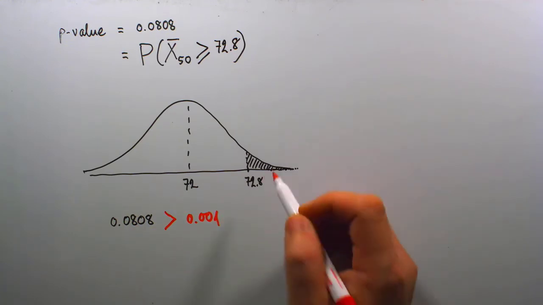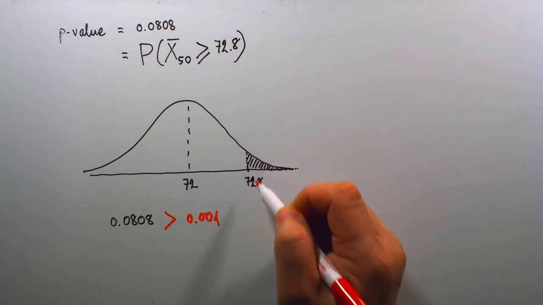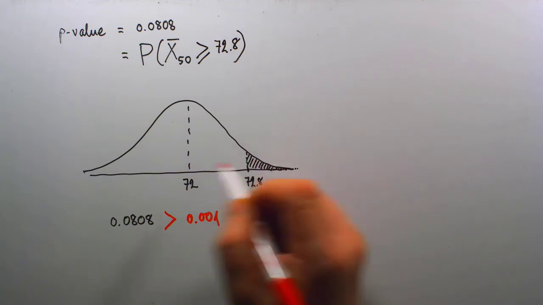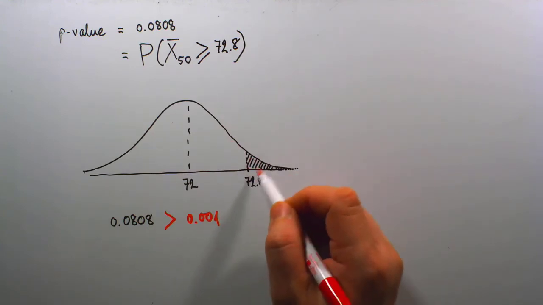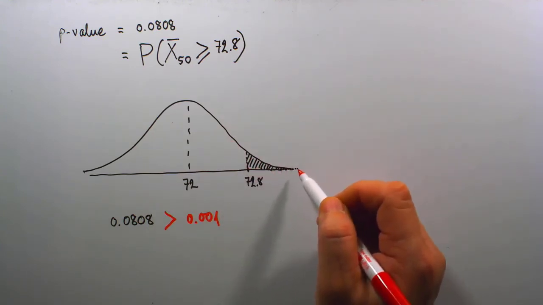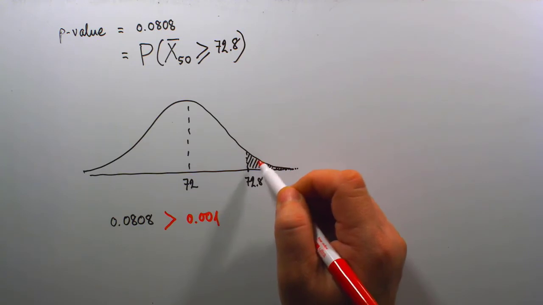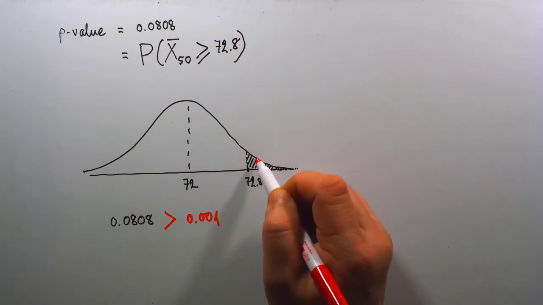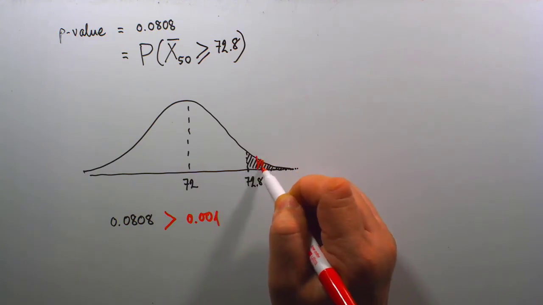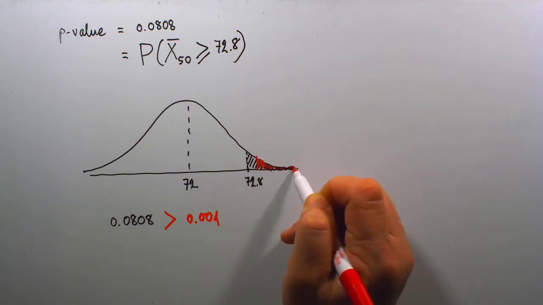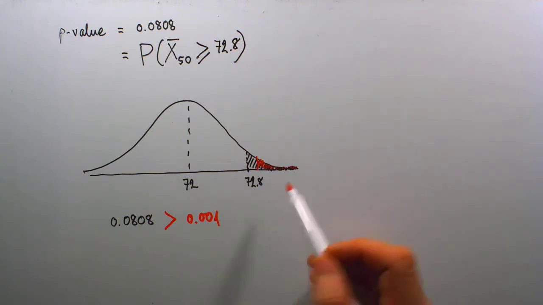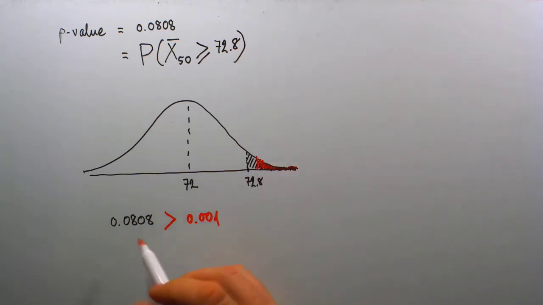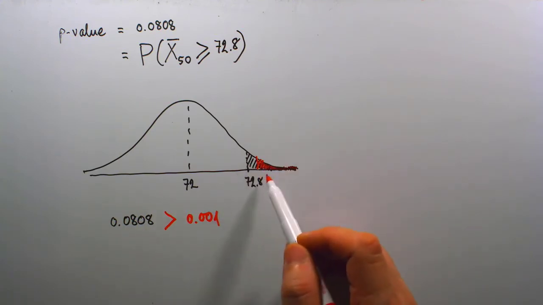So if I would sketch our red unlikely area on this bell curve together with our shaded black area representing the p-value, here's how the picture is going to look. My red unlikely area has to be smaller than the p-value in the black shaded area.